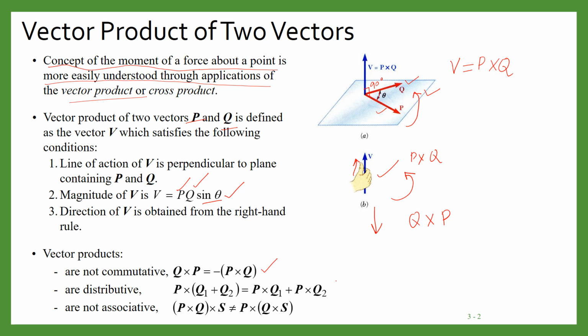Then they are distributive, so you can apply the distributive law in vector products, and they are not associative. So the associativity law you cannot apply to the vector product. You should always keep in mind these things whenever you are doing vector products.